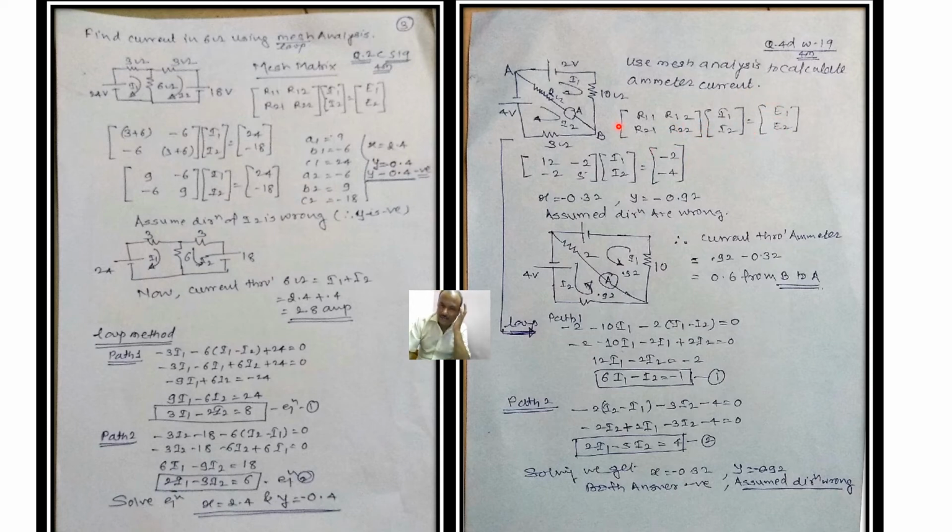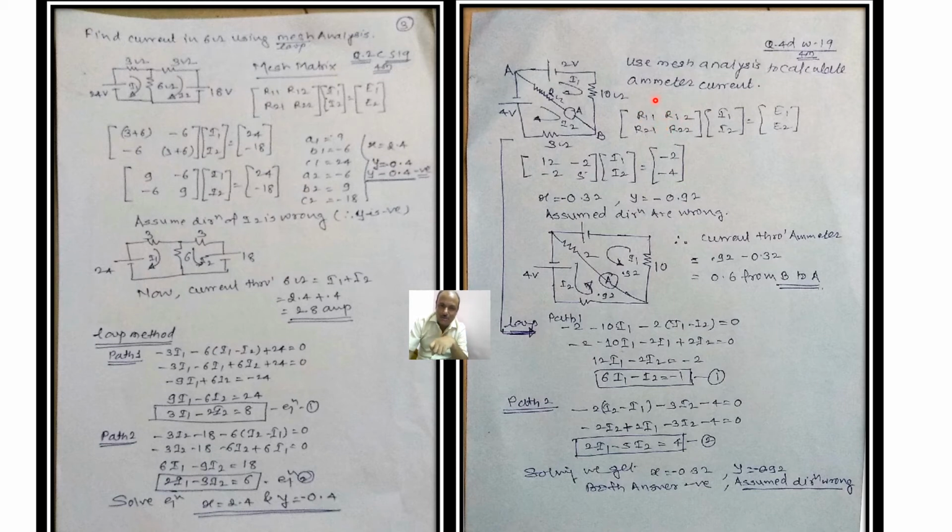So how to get the values of R11, R12, R21 and R22? These are all resistance values. So what is this R11? R11 is the summation of all the resistances which are included in loop 1 and 1 only. Similarly, R22 is the summation of all the resistances which are included in loop 2 and 2 only.